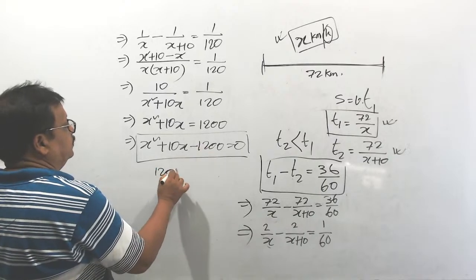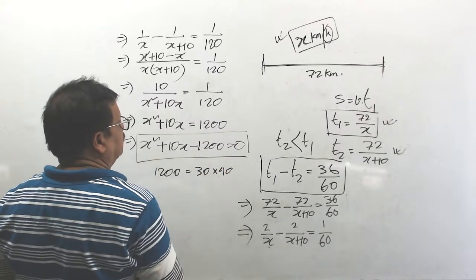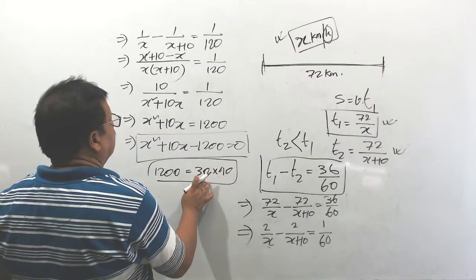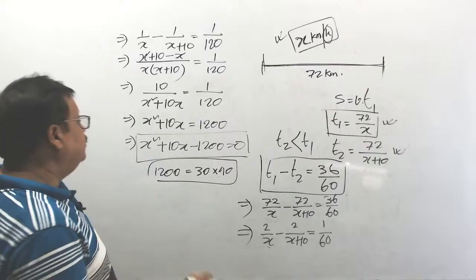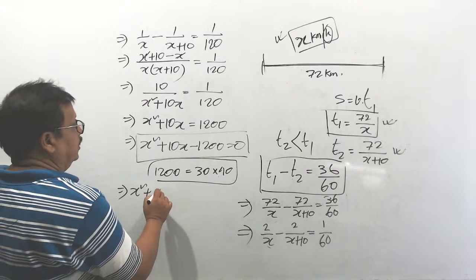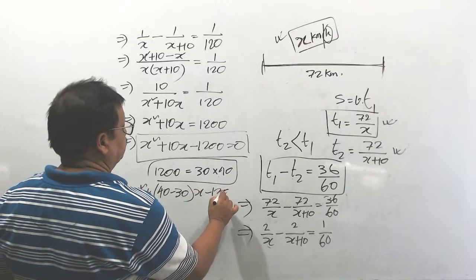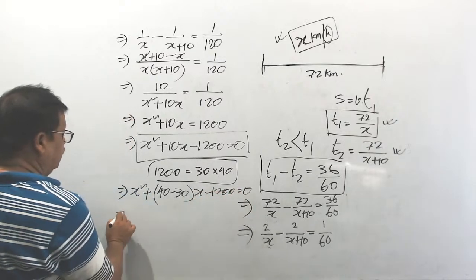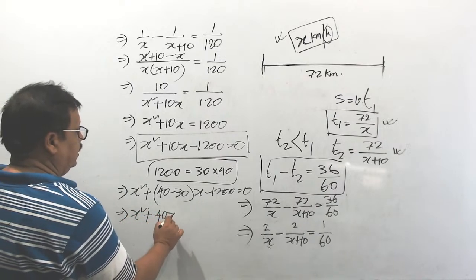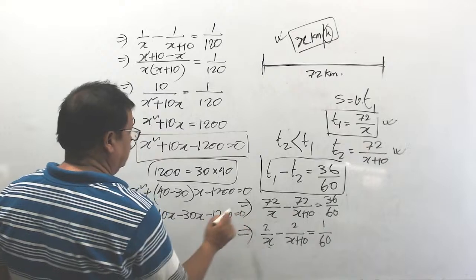Can you write 1200 as 30 into 40? Yes, 30 into 40, and 40 minus 30 is 10. Understood? This implies x square plus 40x minus 30x minus 1200 equals 0.